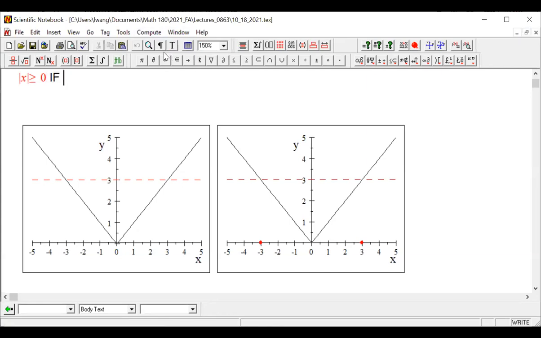It's that, right, the absolute value of some unknown number is at least 0. Find all possible solutions, or possible values or inputs, to make it true.